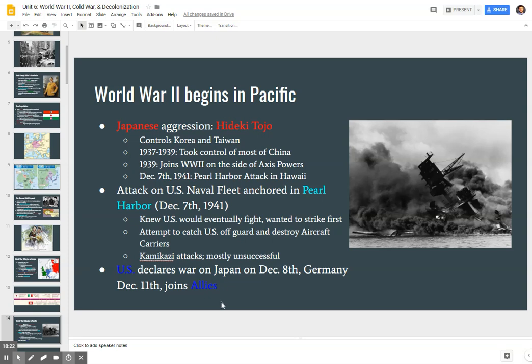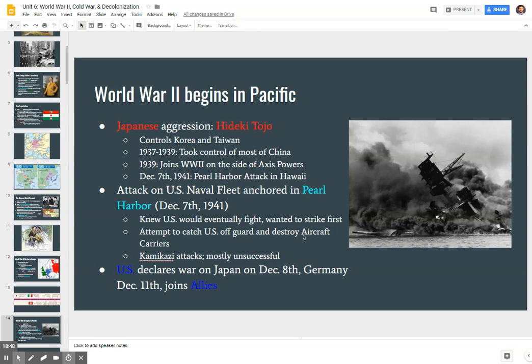It's a U.S. naval base there, and they destroy many of the ships that are carrying some important military equipment, oil, things like that. But their main target was to destroy these aircraft carriers, which they knew are going to be extremely important to carry planes and warships and things of that nature, people to fight in these islands in the Pacific.